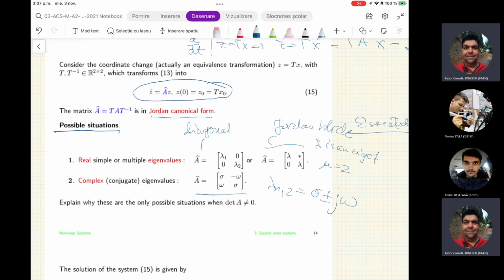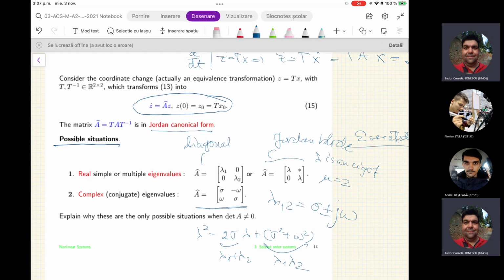When you take the determinant of lambda I minus A, you get lambda squared minus 2 sigma lambda plus sigma squared plus omega squared. Here 2 sigma is lambda 1 plus lambda 2, and this is lambda 1 times lambda 2.